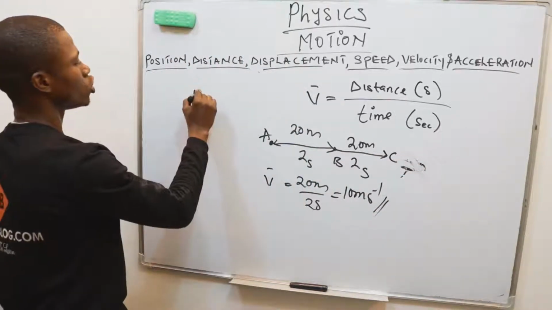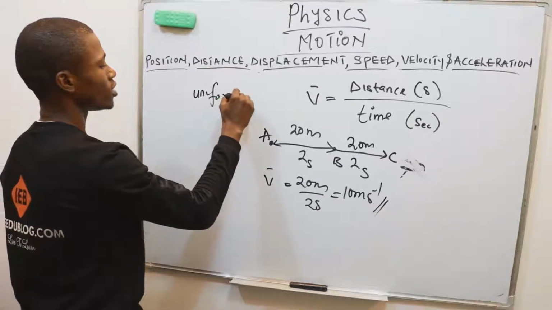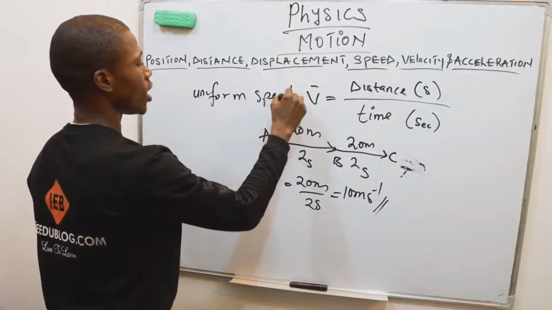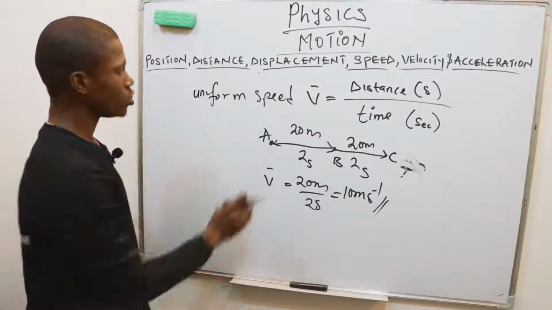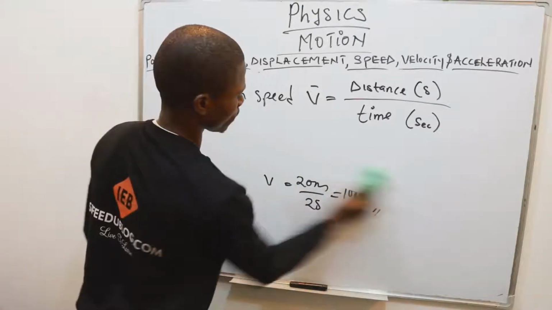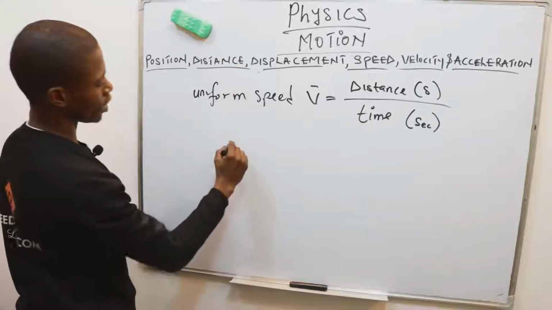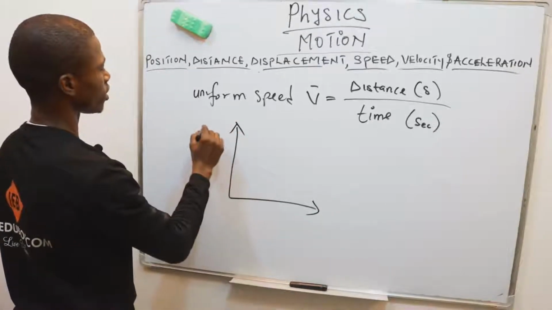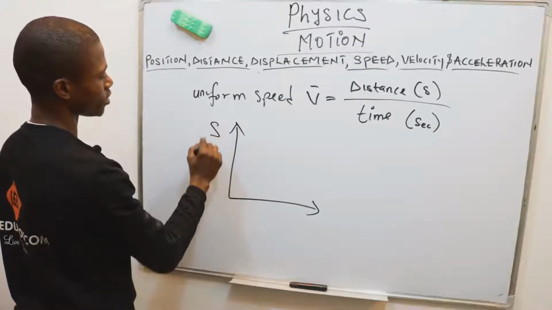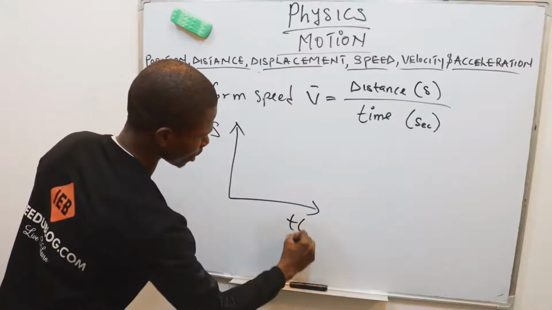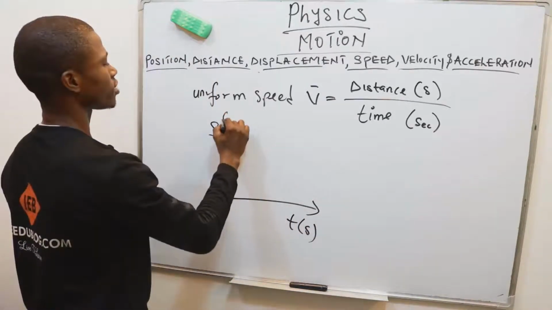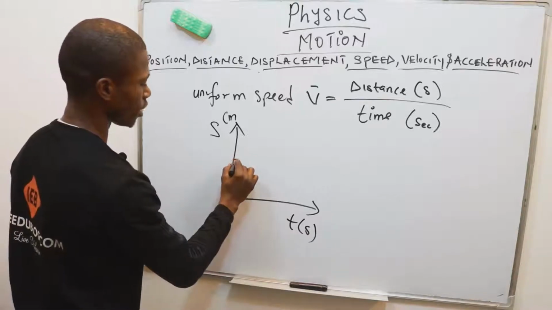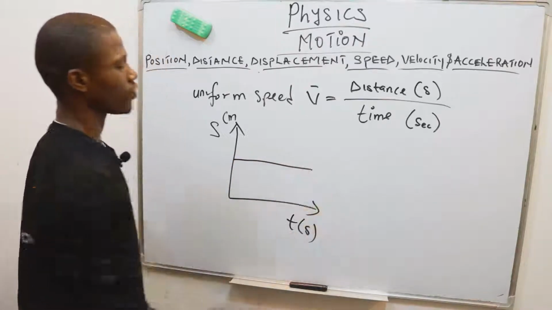This uniform speed has a graph like this. This is our distance, S, measured in meters, and here is our time, measured in seconds. This is the graph of our uniform speed.